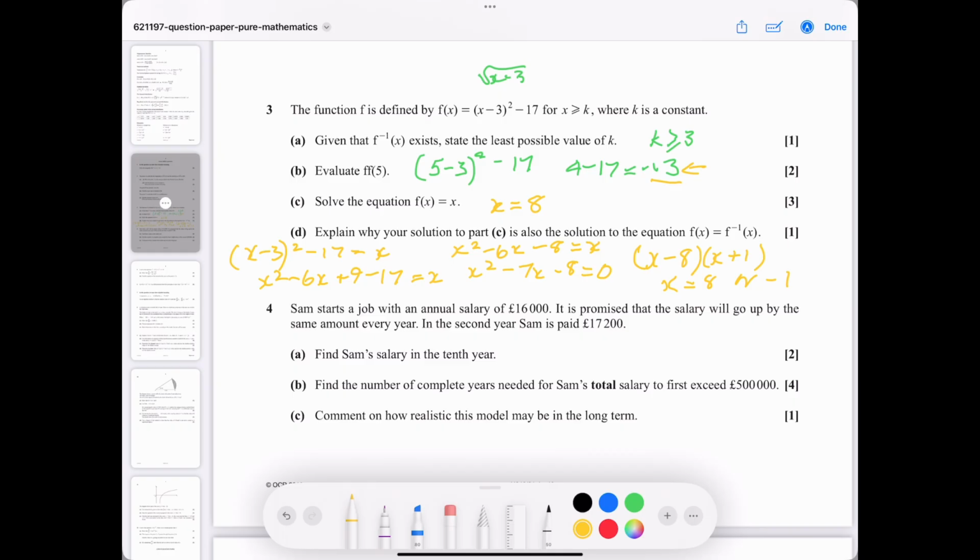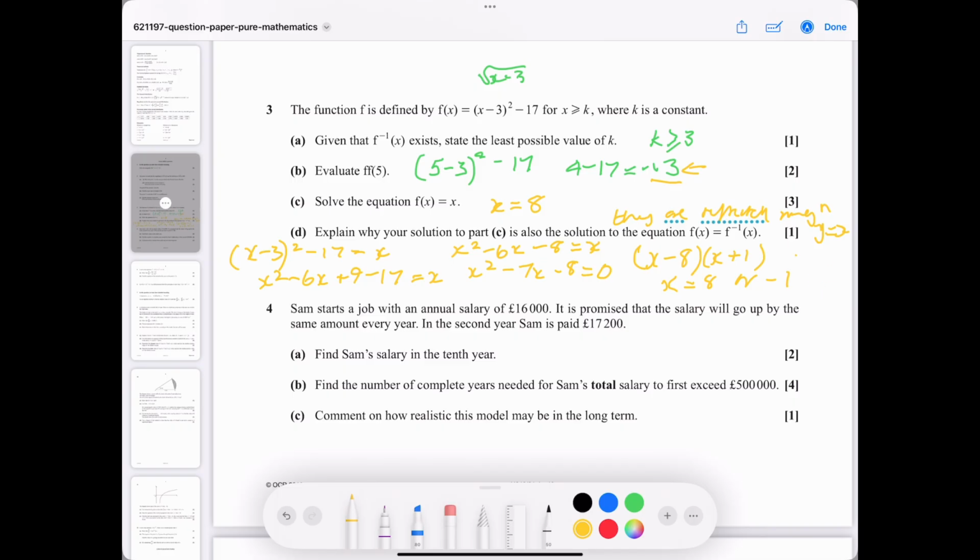Explain why your solution to part C is also the solution to f of x equals f to the minus 1 of x. So these two things meet, or at least they are reflected through y equals x.